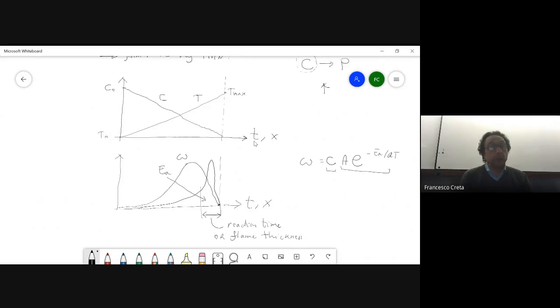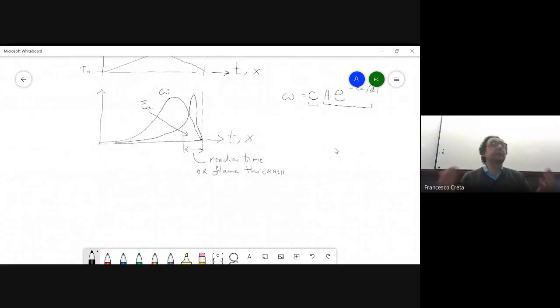If you increase the activation energy, generally speaking, the reaction rate will be inhibited, up to a very thin layer where it will release all of its reaction rate. So when you're talking about a homogeneous reaction in a reactor, the reaction will be very fast in this small time. If you're looking at a flame, the flame will be thin.